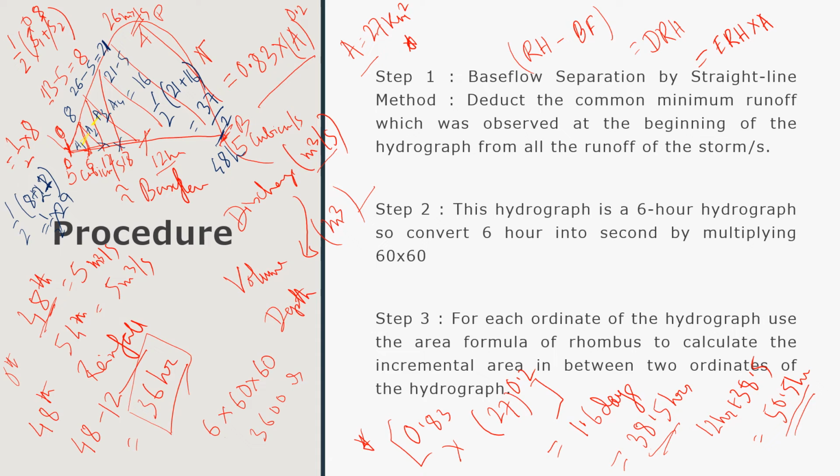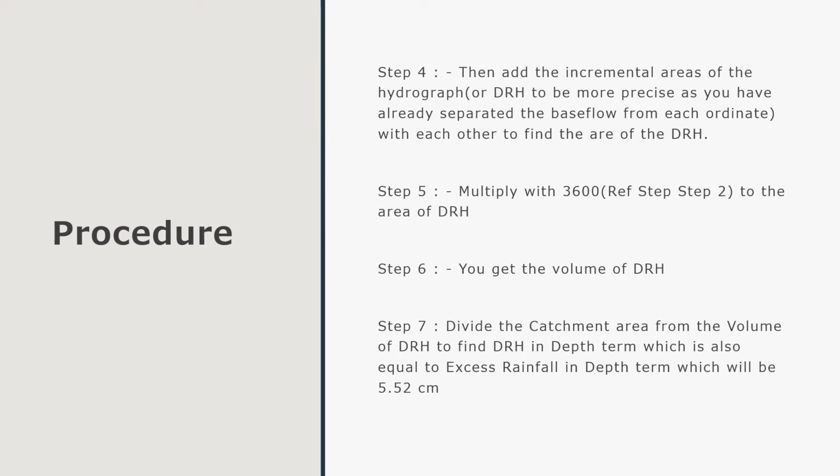Now you have found out the total area under this DRH. So A DRH is already found, and remember, this is in meter cube per second. Now, oh no, sorry, this will not be in meter cube per second. This will be in what? This will be in meter square, because this is an area.